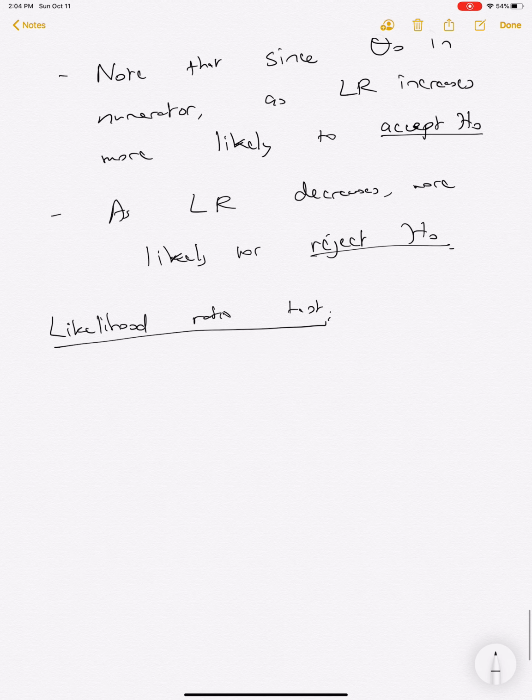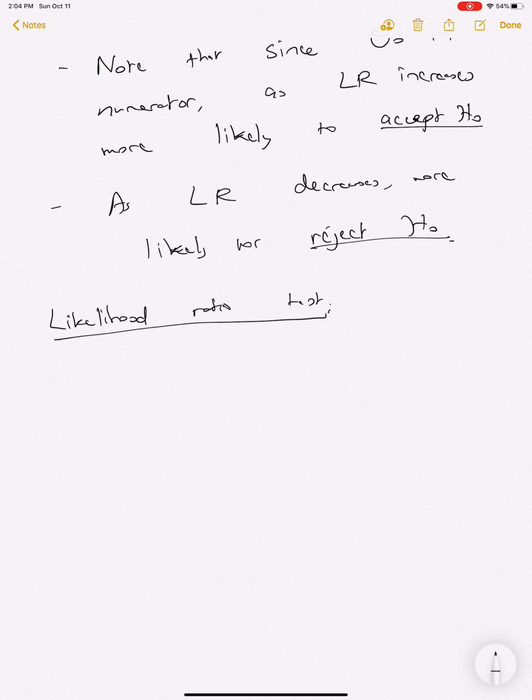Which asserts that the test is determined by the acceptance and rejection regions.